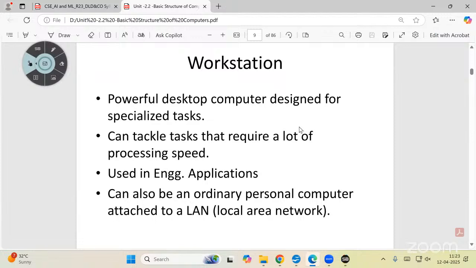What are the subjects you are studying? That ML software you can't run on the P4 processor, right? A high-end processor is required for machine learning programs. So, what is a workstation? This is designed for specialized tasks.